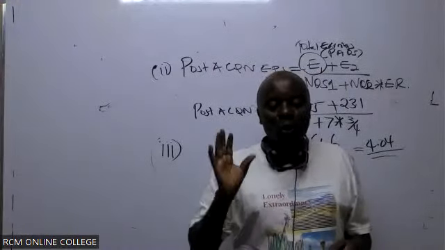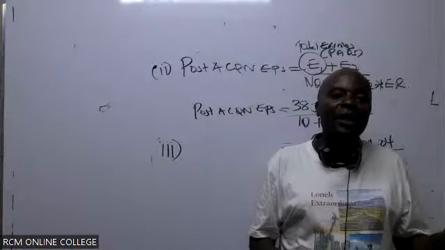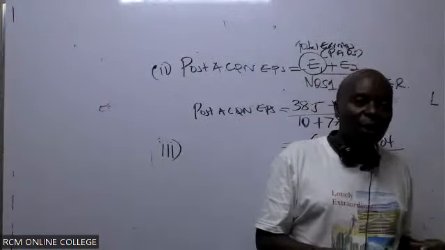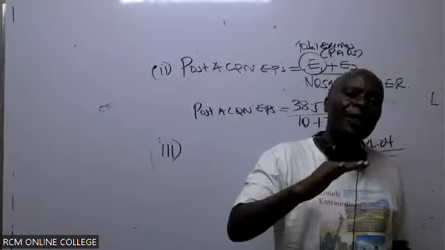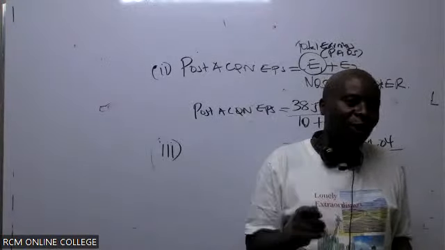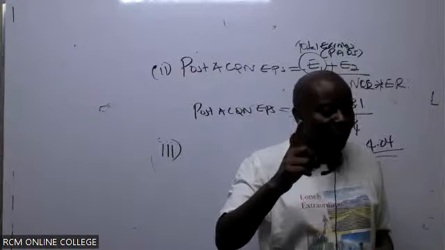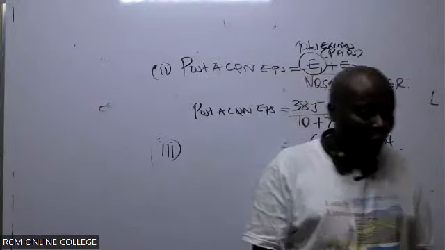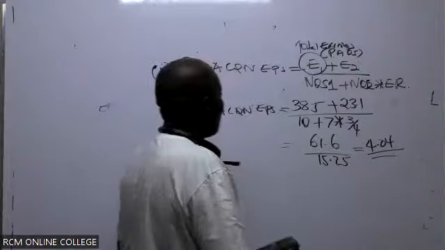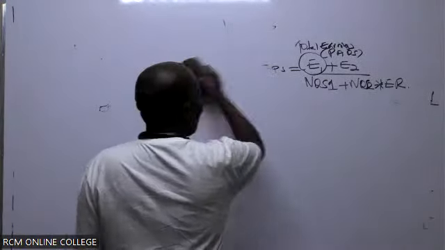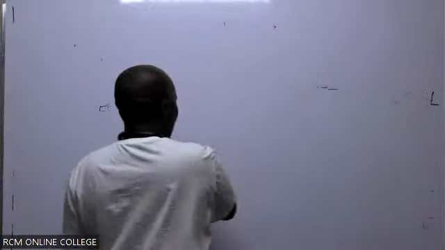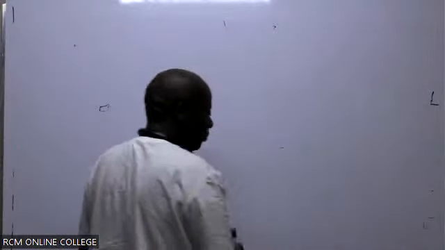Whenever there is a debenture in the acquisition, or whenever there is preference share capital in the acquisition, straight away at the back of my mind, I know the exchange ratio will be 0.